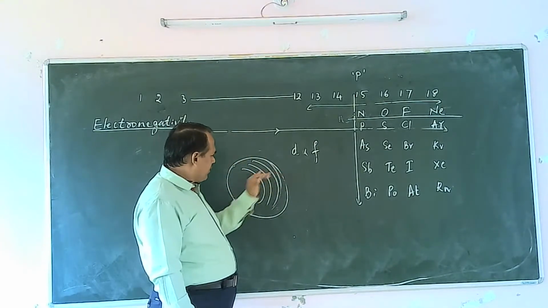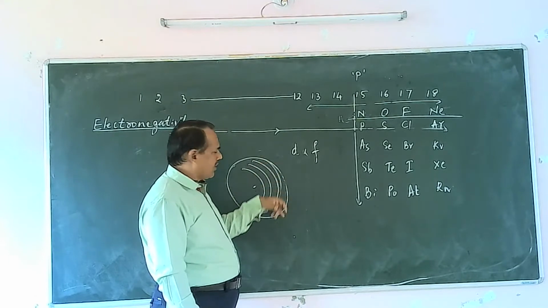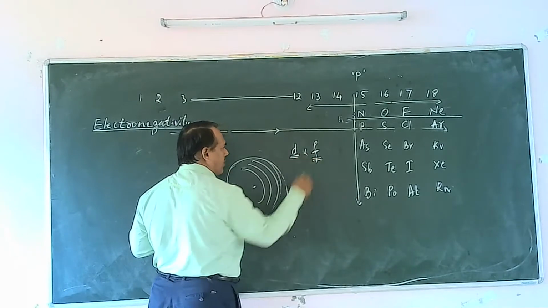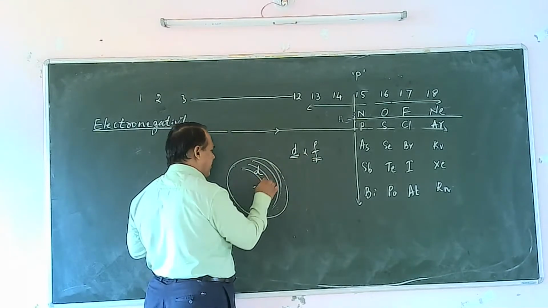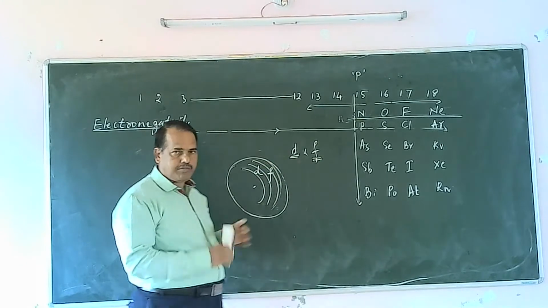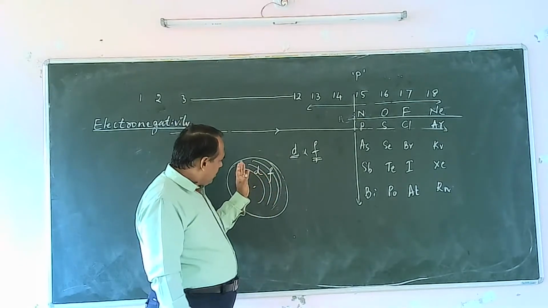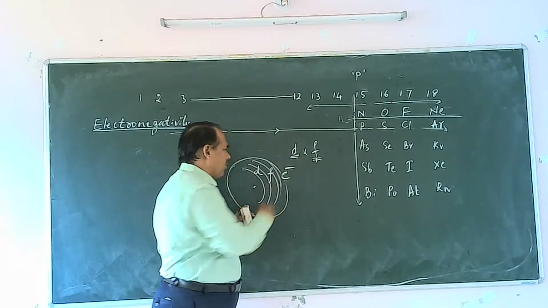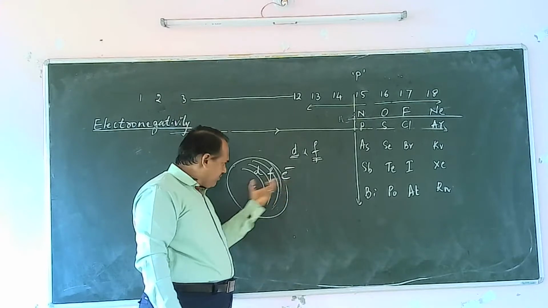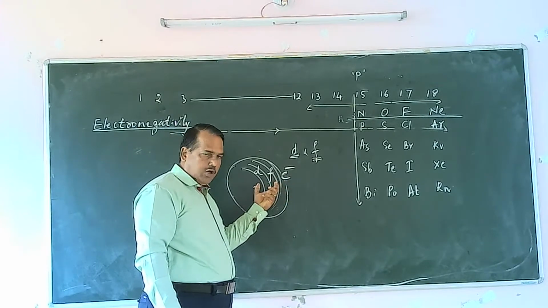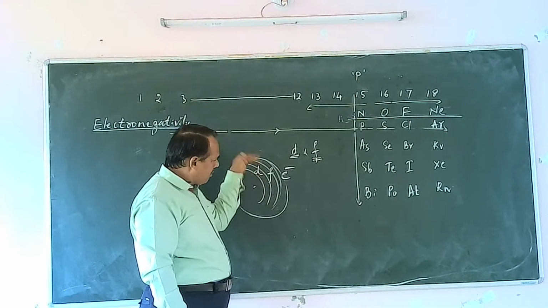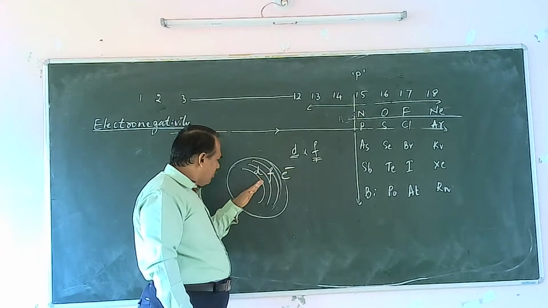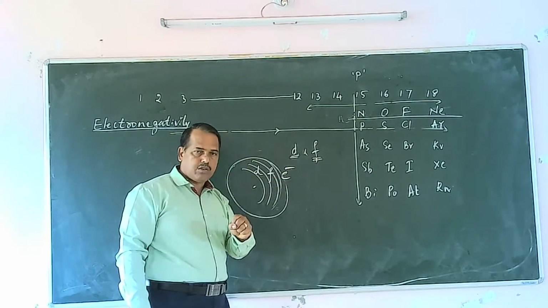Okay. See, suppose this is a nucleus, and we can find a number of orbitals. We can find the presence of inner core electrons, either in p orbitals or s orbitals. This is the influence of the nucleus on the outermost electron, which is the nuclear charge. Due to the presence of a number of orbitals, the force between the nucleus and the electron gets reduced.